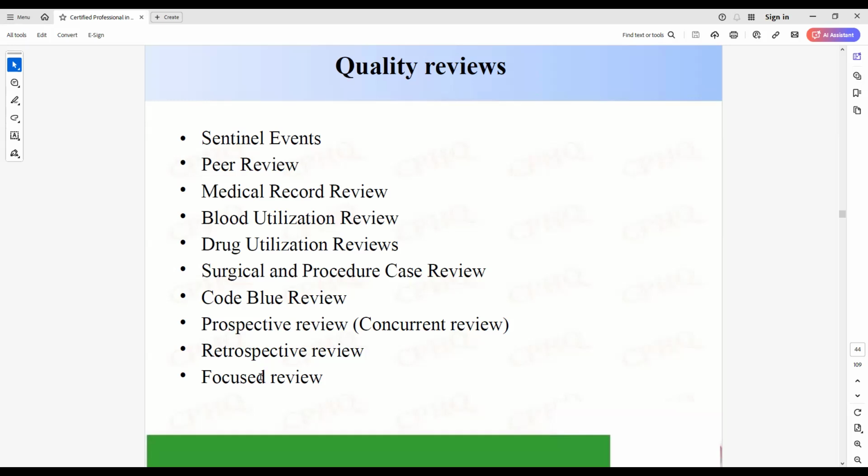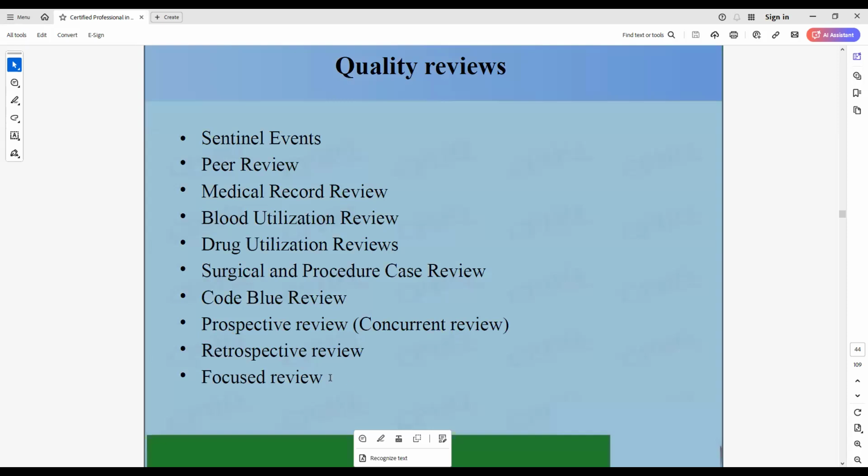So focused review is when you look at a specific aspect of care and review that. These two, retrospective and prospective, are time bound, related to when the review was done. Focused just relates to which aspects of care you have reviewed. That's the only difference.